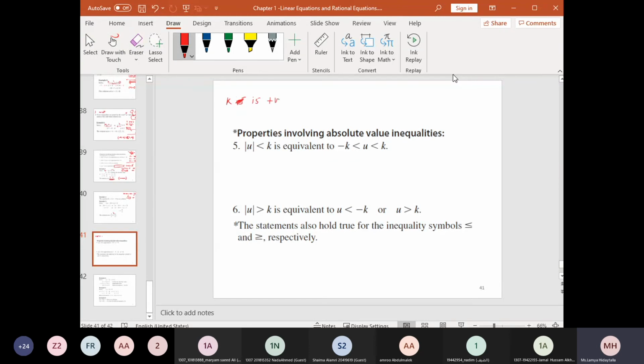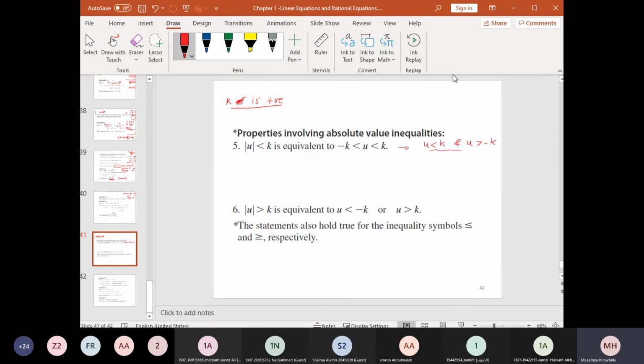If this is the case, then modulus of u less than k. This implies what? u is less than k and u is greater than minus k.